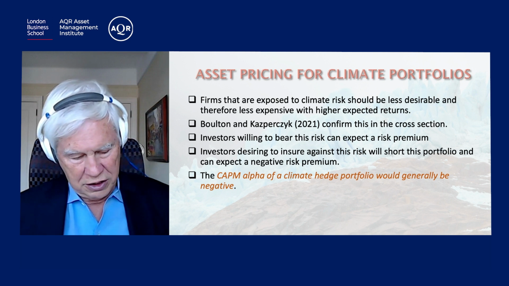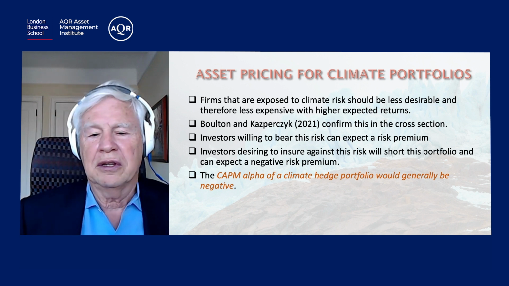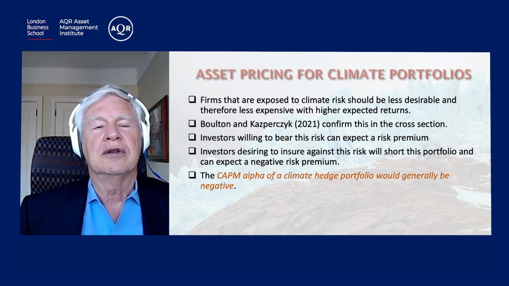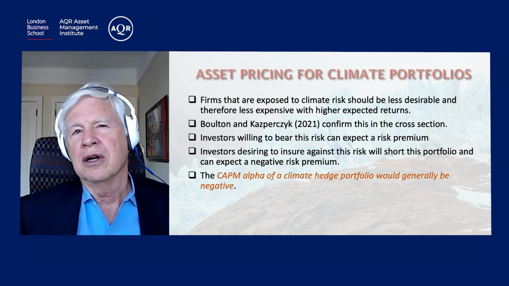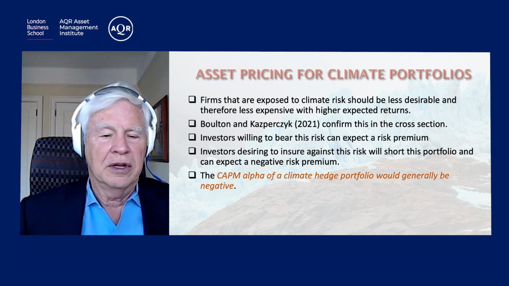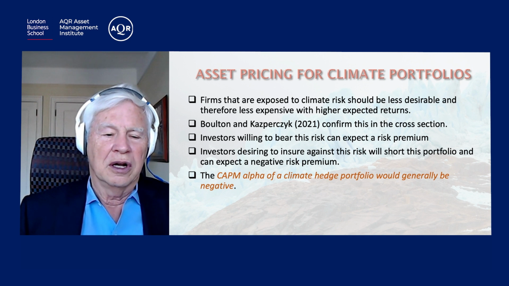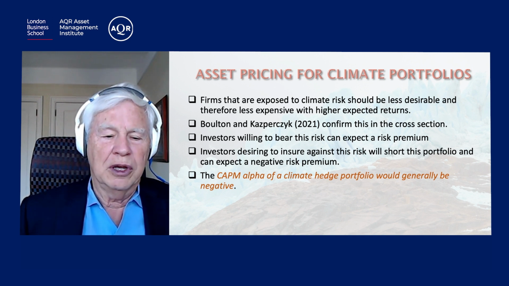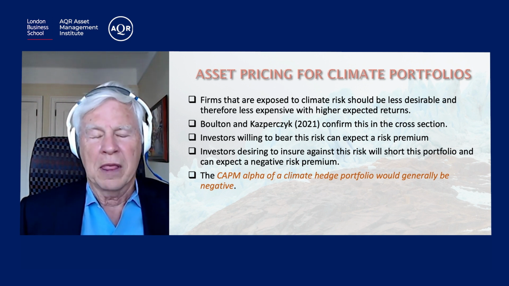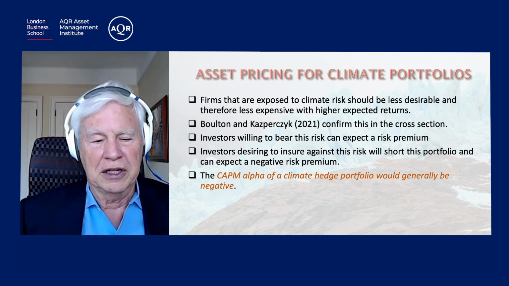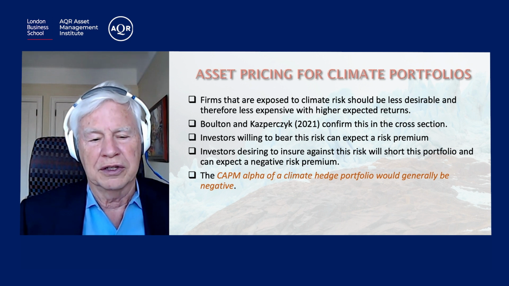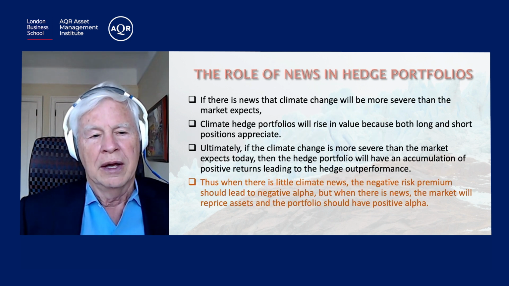And so investors who want a hedge portfolio may expect typically to have negative alphas. And portfolio managers explain to me that that's a very tough sell, that's adequate justification for taking on this kind of a portfolio.